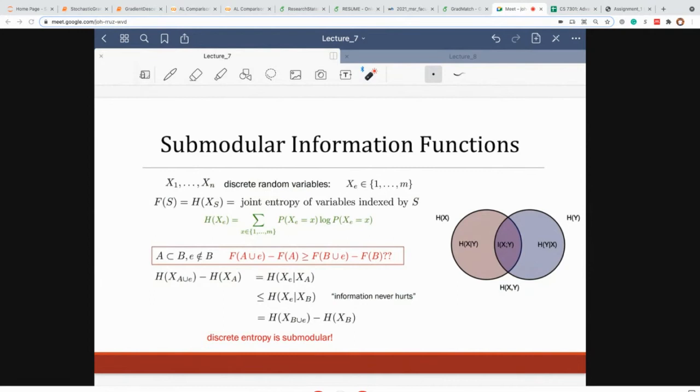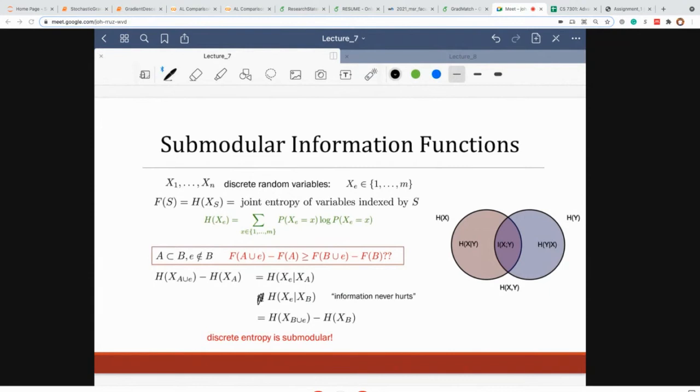Then what we know is that as the context of the sets grows, the gain of adding this will shrink, right? So basically the conditional entropy of X_e given X_A is less than the conditional entropy of, sorry, this should actually be greater than, this is a typo.